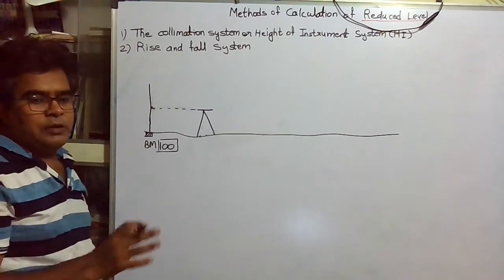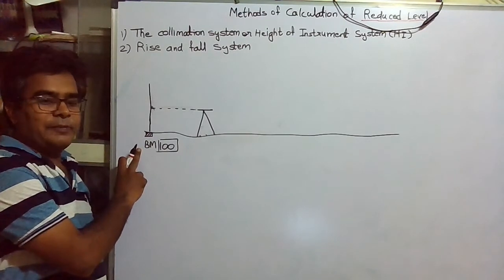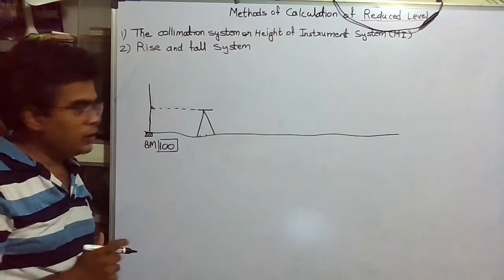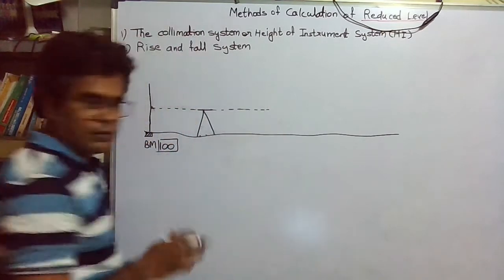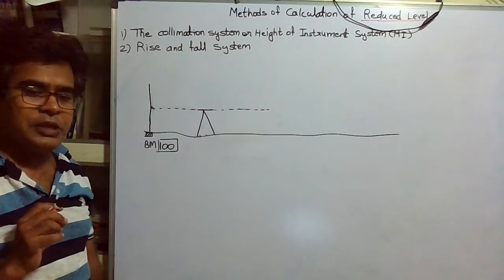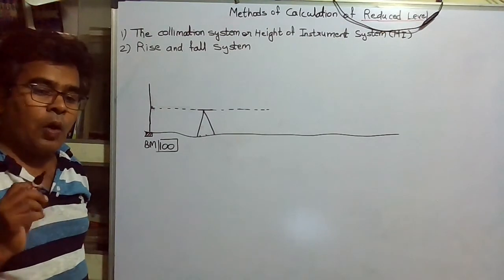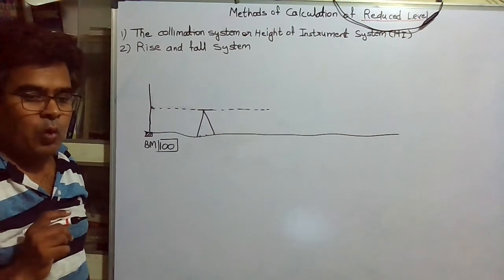We'll set the level and take the first reading at the point of known RL, that is the benchmark. As I told you earlier, this is the line of collimation. It will remain horizontal. Now the first step is to determine the RL of line of collimation, that is nothing but the height of instrument.